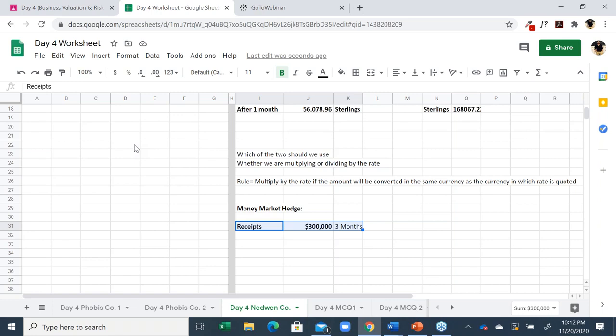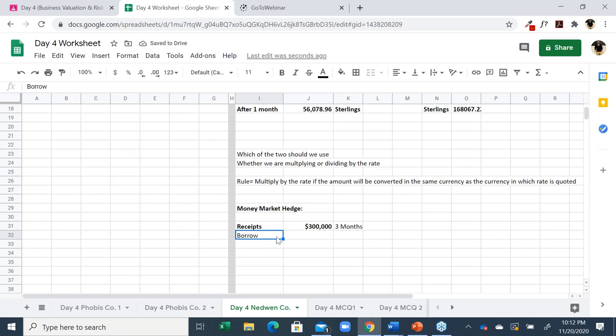Do we have to invest $300,000 today, or do we have to borrow 300,000 today? Yep. We have to borrow, right? So whenever we are expecting a receipt, we have to borrow. Remember this combination. With receipt, we have to borrow.